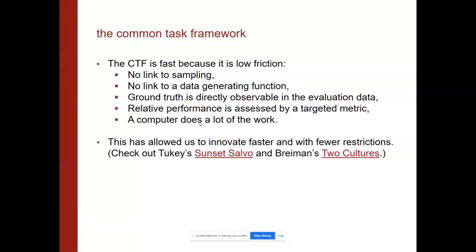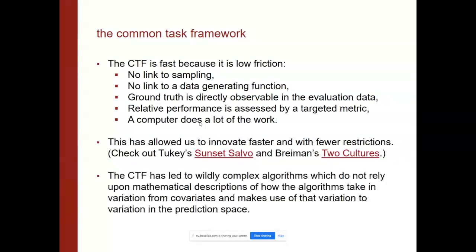So if you want to learn more about the rise of computation, you could look at Tukey's Sunset Salvo, where he basically lays out, he says mathematics is really hard. Computation is much lower friction. We should think about pivoting to, at least introducing, a lot more computation in our statistical work. And Breiman's Two Cultures, he really started to describe the algorithmic culture and compare and contrast it to the model culture.